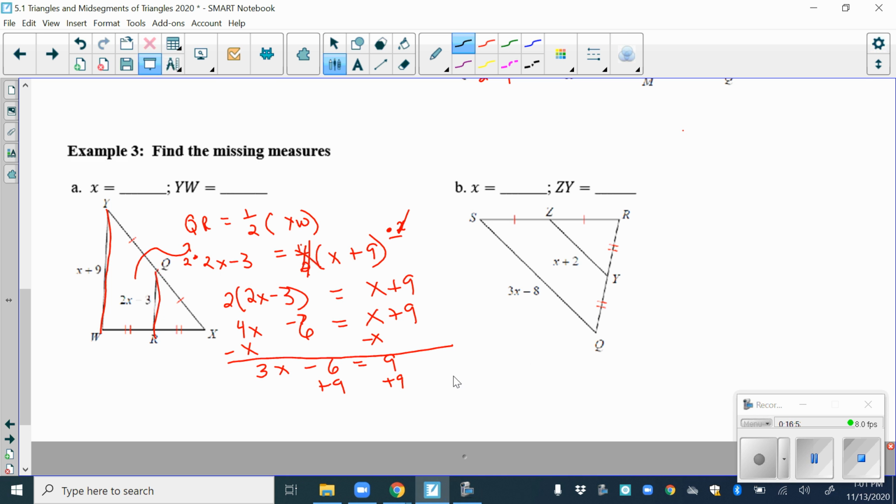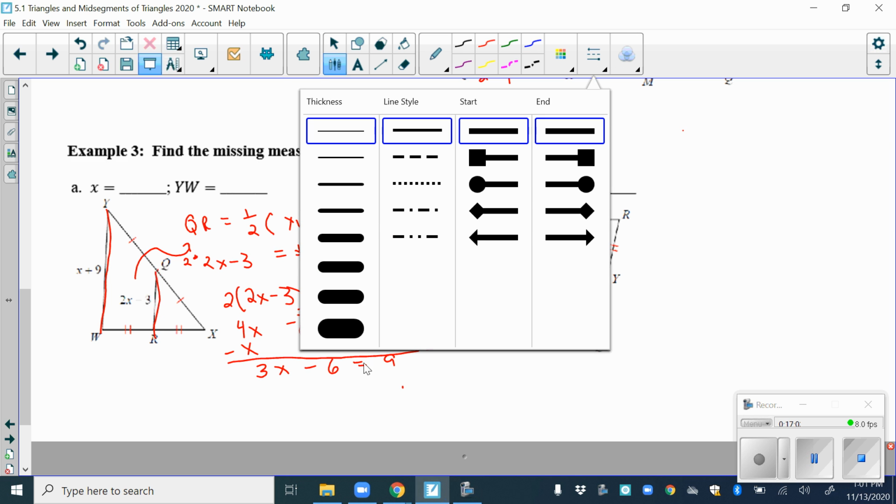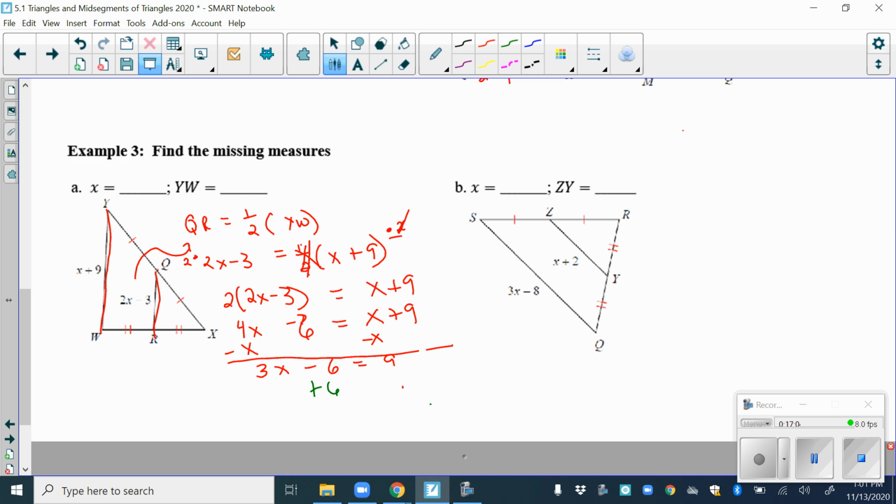Add 6 to both sides. 3x equals 15. Divide by 3. x is equal to 5. You want to know how long YW is, so you have to do 5 plus 9, and you get 14.